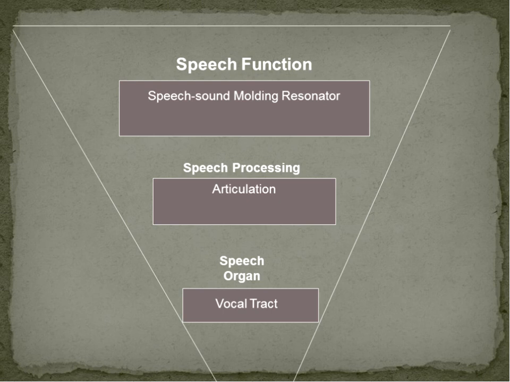And so the speech sounds are modified or filtered due to resonant cavities within the vocal tract. And that process is called articulation. And when that process is complete, then you are speaking the utterance that was formulated by your nervous system.